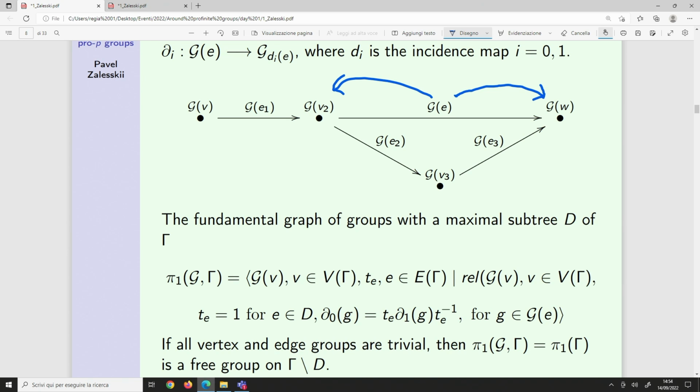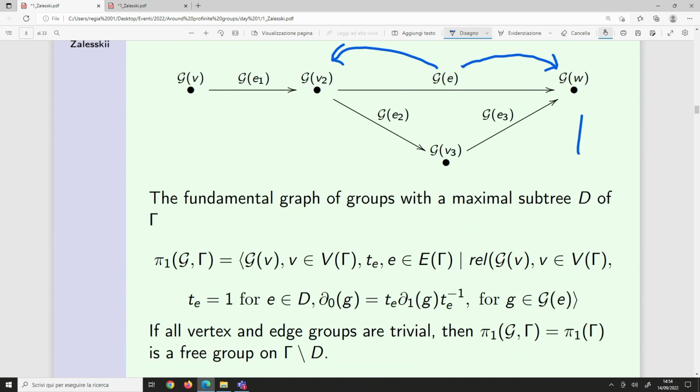If the edge is outside of the maximal subtree, then we have sort of an HNN extension relation. So this is how the fundamental group of a graph of groups is defined.